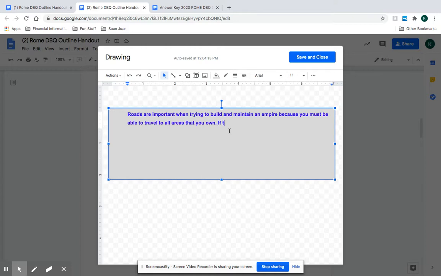If the emperor or the army could not go to all areas under Roman control so easily, they would not have been able to keep their power.